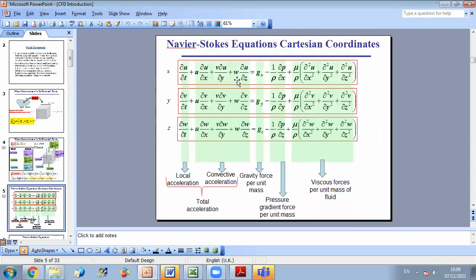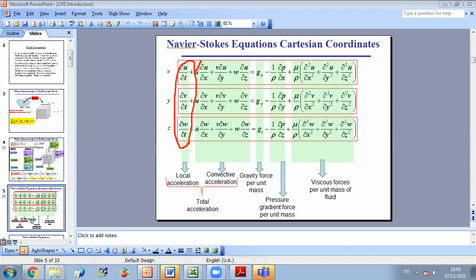Now, also, when you apply Newton's second law in X, Y, and Z on your fluid element, in case we are dealing with constant viscosity and constant density, you obtain the Navier-Stokes relations. And these relations, you will derive them again in the course material. Okay, so here you have, just to remind you, the first term represents the local acceleration, which is the partial variation of velocity with respect to time.